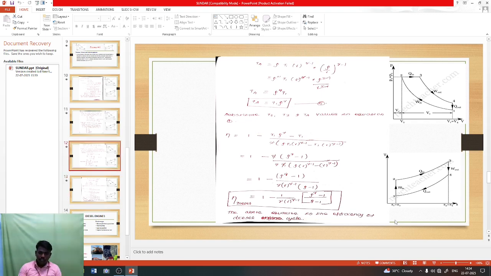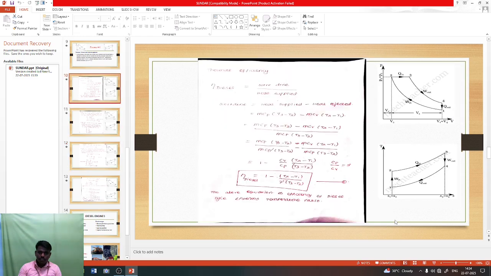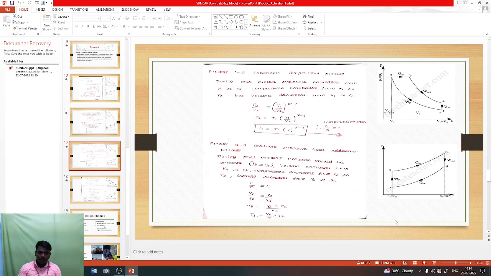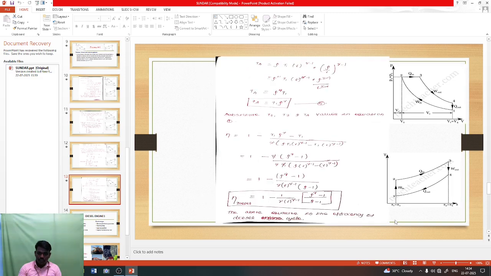What is the value for T3? T3 is equal to rho into T1 into R power gamma minus 1. Before that, in that equation we have gamma into (T3 minus T2), and T2 is equal to T1 into R power gamma minus 1.